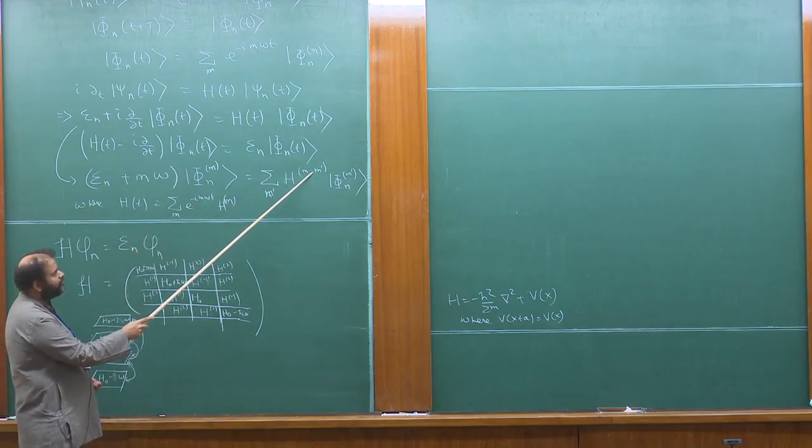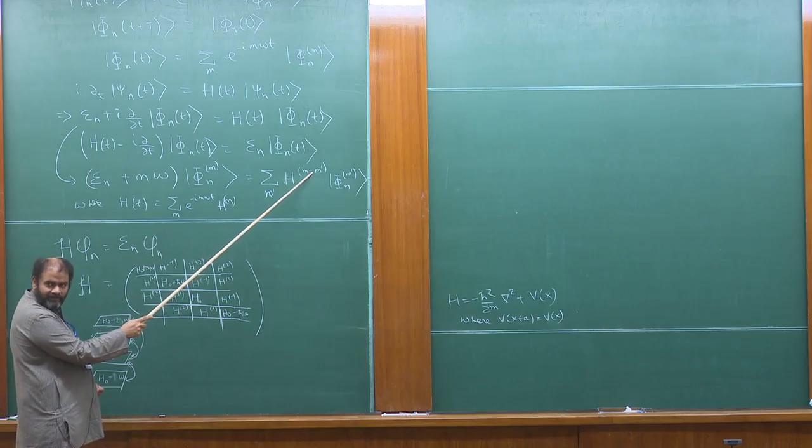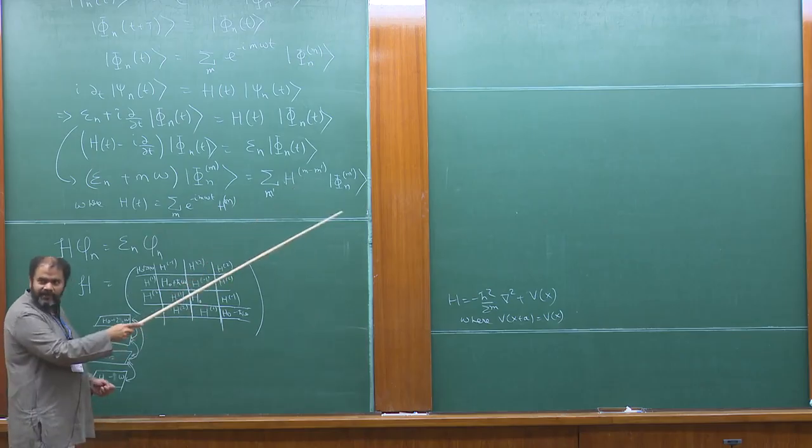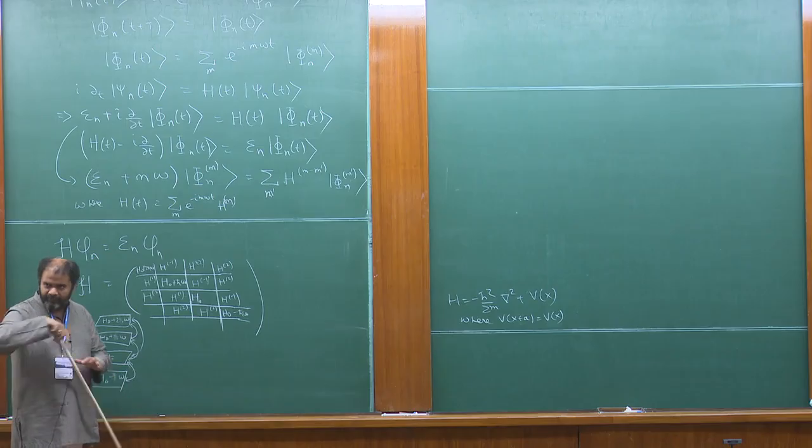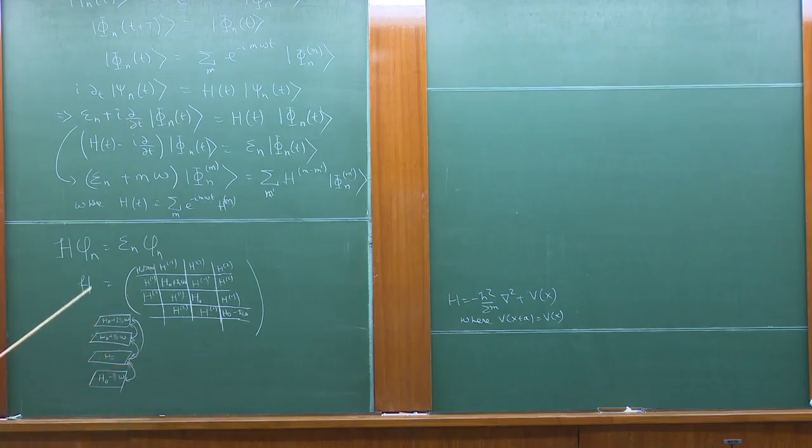Here you have something corresponding to m equals m prime and something corresponding to m not being equal to m prime. So when m equals m prime, these are the diagonal components. When I have H1, this is m minus m prime equals 1. So what H1 is telling you in this picture is that you are absorbing one photon and going up one level higher.